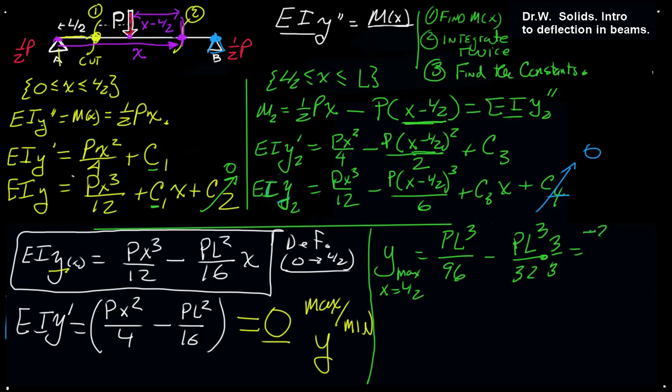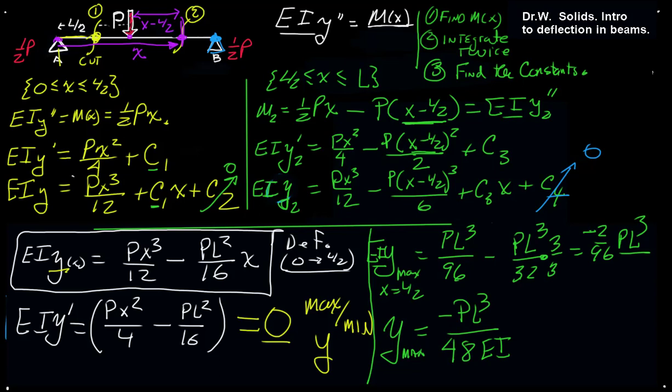And this reduces to negative 2 over 96 PL cubed. And I should put my EI back in here too. We still have that. So our final solution is that y max will be negative PL cubed over 48 EI. And that occurs at x equal to L on 2, right in the center of the beam.